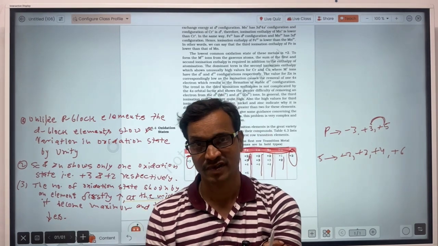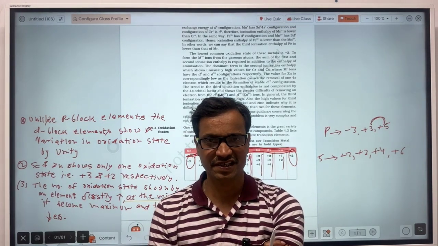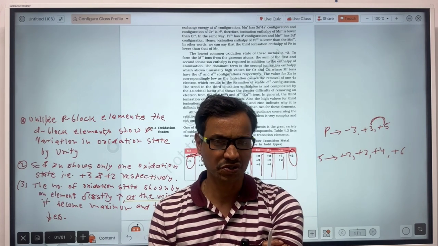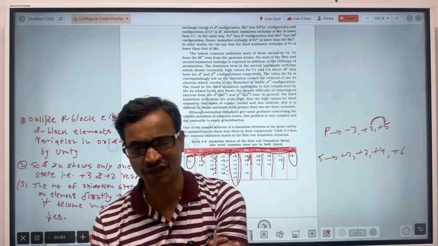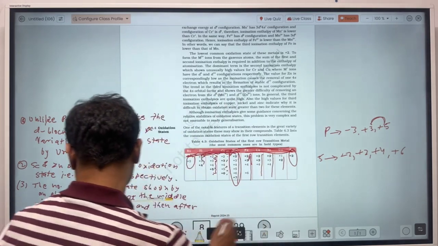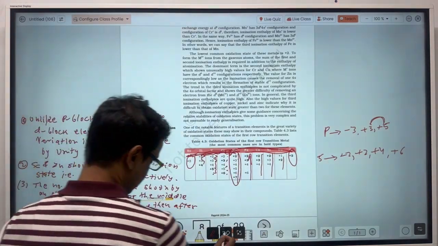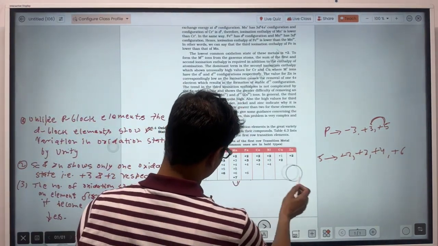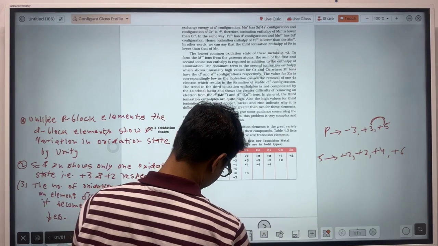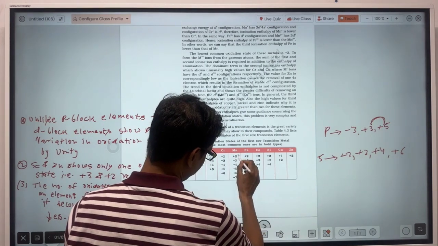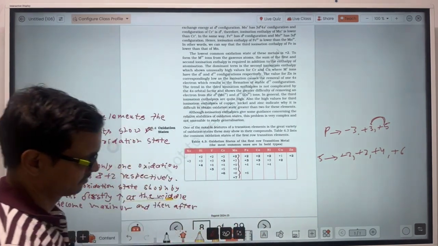So obviously, manganese shows the maximum number of oxidation states, from +2 to +7.